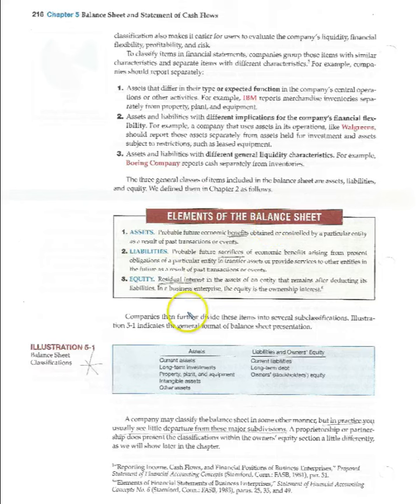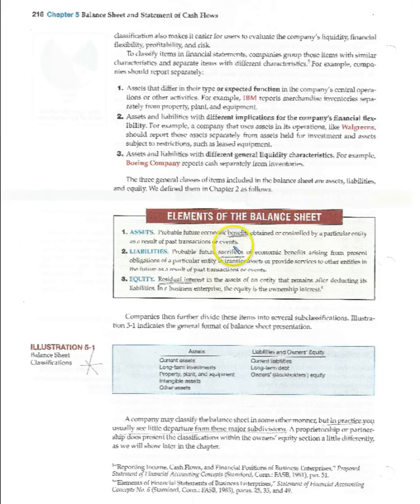And then the last thing on this is knowing, just like by now you should know the definitions of the elements on the income statement, and now in Chapter 5 you should be memorizing these elements for the balance sheet. So the assets are economic benefits, and they're going to be future economic benefits. It's not certain that we'll get them, that's why it's probable that they will occur.